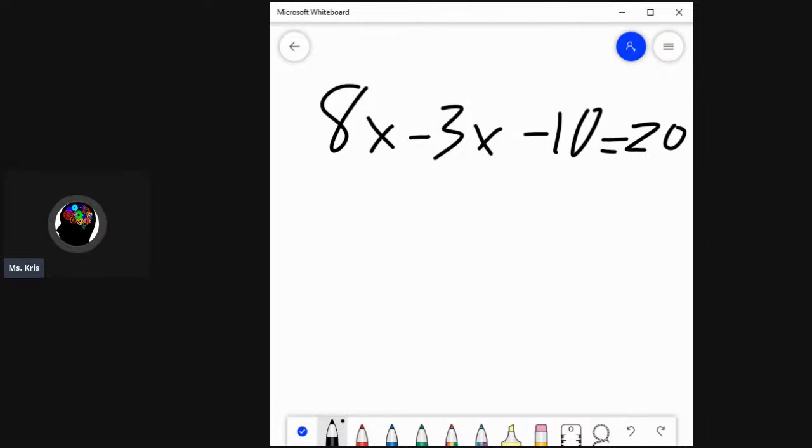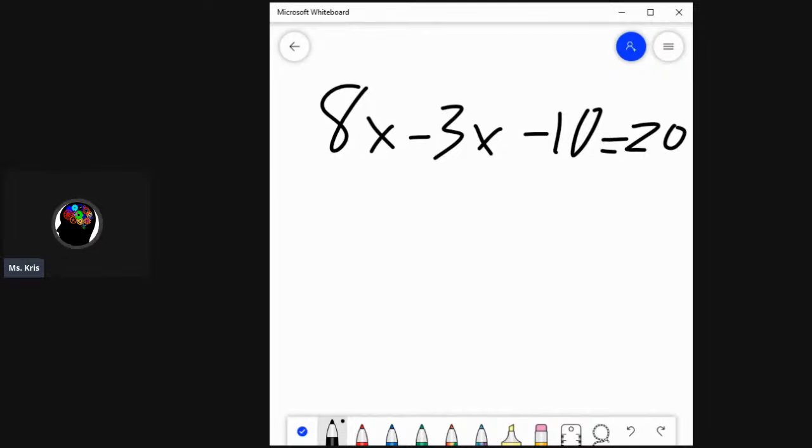Now, normally we'll have a term with an x, a number adding or subtracting, and then that would equal a number. Well, you're getting into the thick of multi-step when you start combining like terms.